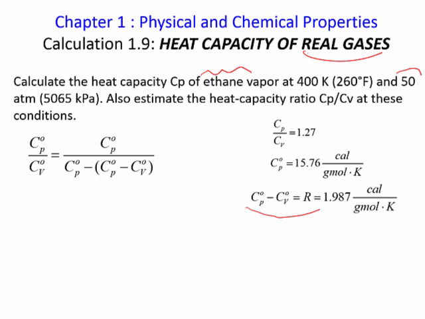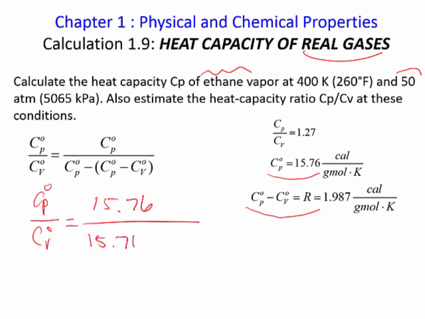And also the Cp for ideal gas has already been calculated in the beginning of this video. We can use those values and get Cp superscript over Cv superscript for ideal gas as 15.76 divided by 15.76 minus 1.987.